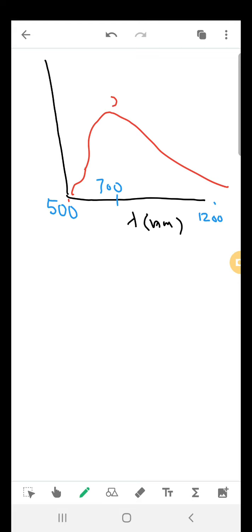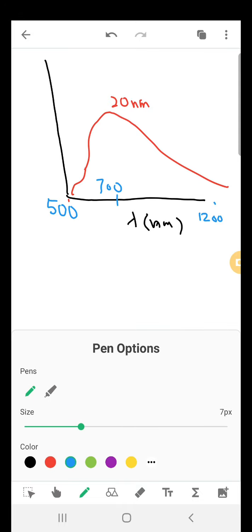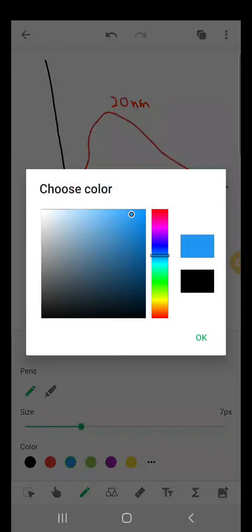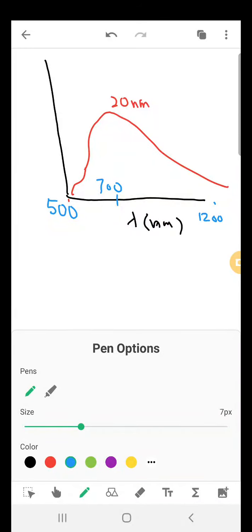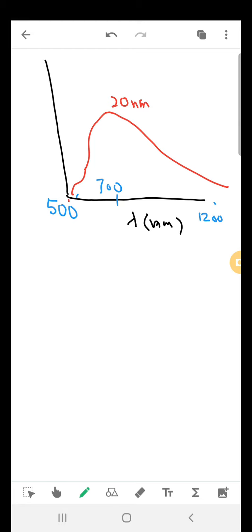And a 10 nanometer shell will show a peak like this. Then 6 nanometer will show one like this.